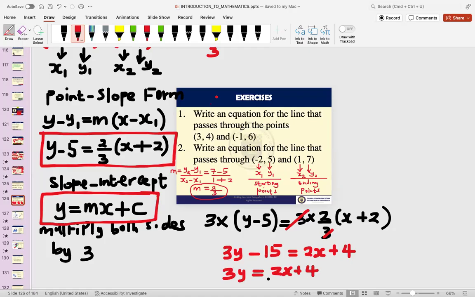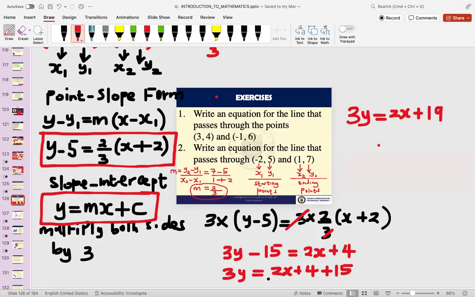This is negative 15. The moment it crosses, it becomes positive 15. So 3y now is equal to 2x plus 4 plus 15, you have 19.